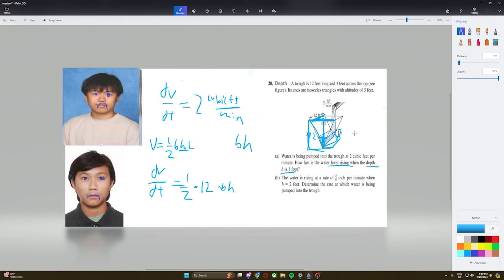Is there a way to prove that the rise of this is equal to the increase of the base is equal to the increase of the heights? Who knows?